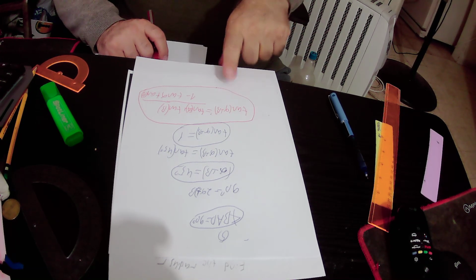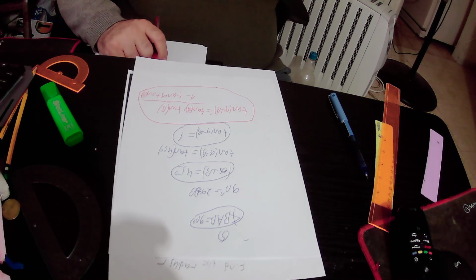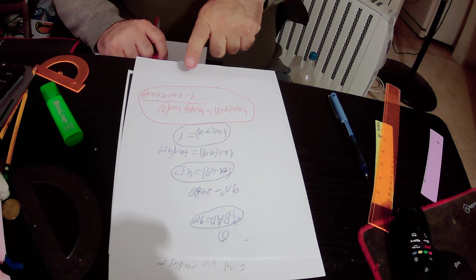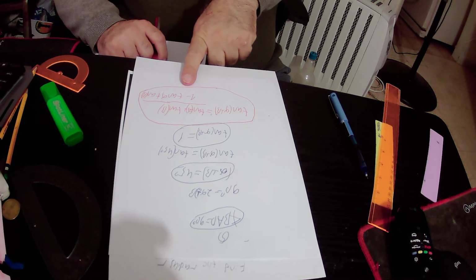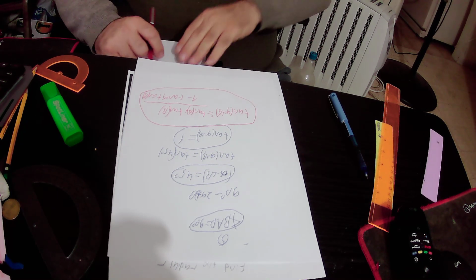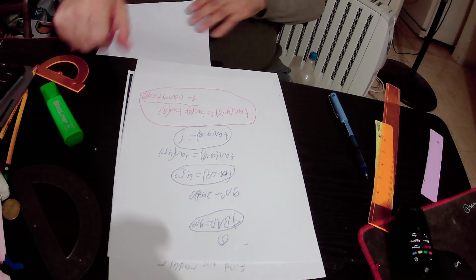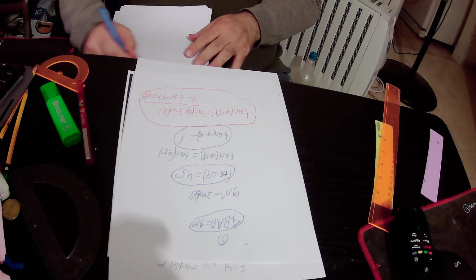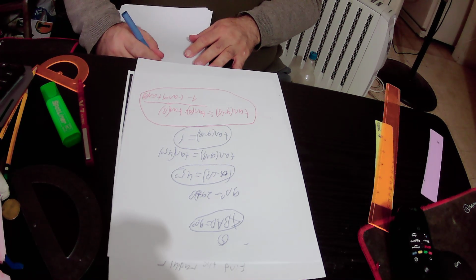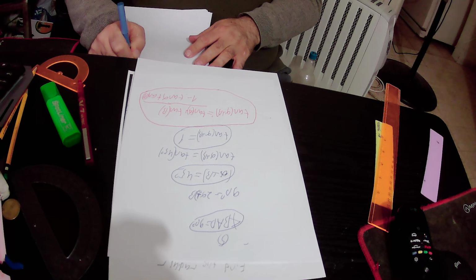So instead of tangent of alpha plus beta, we will write down this expression: tangent alpha plus tangent beta over 1 minus tangent alpha times tangent beta.